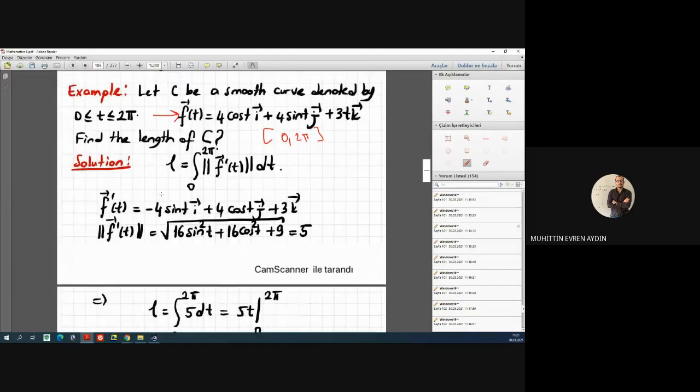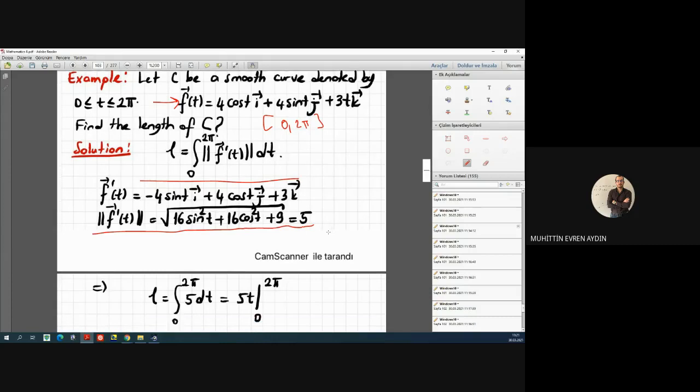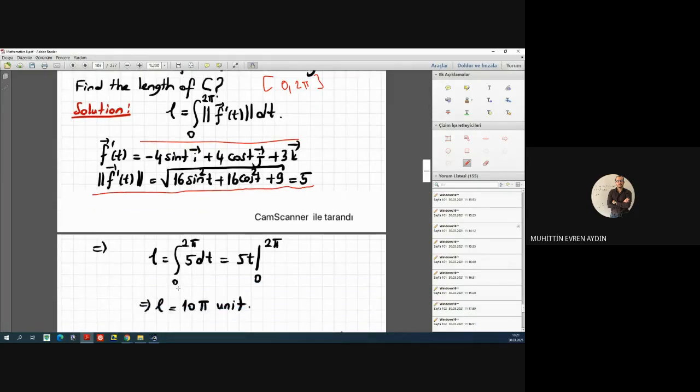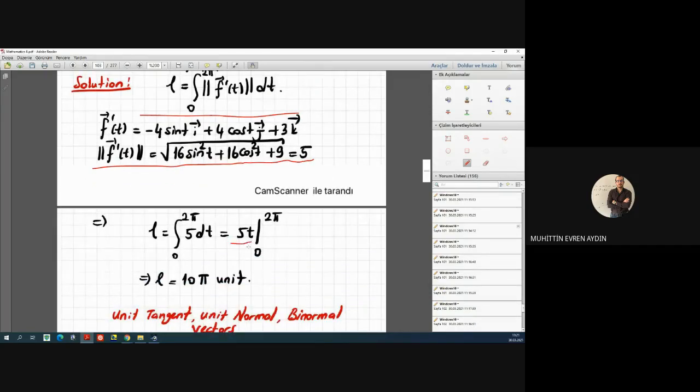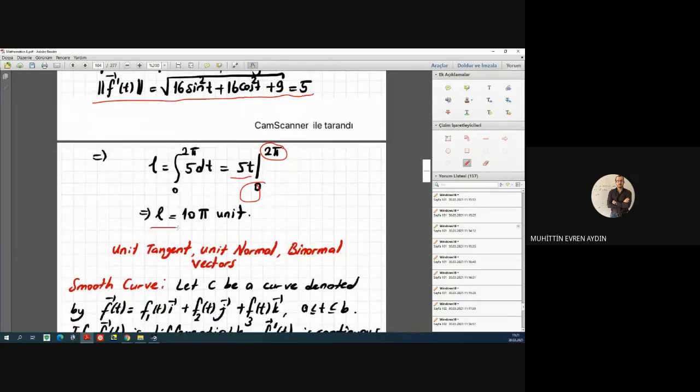The first derivative is another vector valued function, and if you take its norm, you can easily see that you have a constant 5, and its integral equals 5t, and the bounds are 2 pi and 0, so you have the length 10 pi.